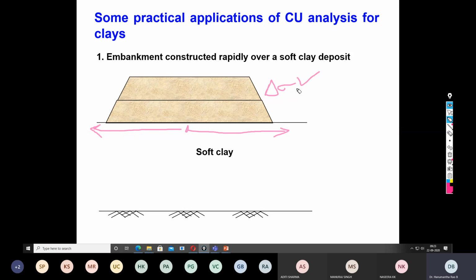So whenever delta sigma is constant, that means a constant amount of load is acting, this condition falls under CD, consolidated drained. So when delta U is 0, it means all the water has drained out from that particular area of the soil sample. I hope now it is clear to you all how to distinguish between, yeah.